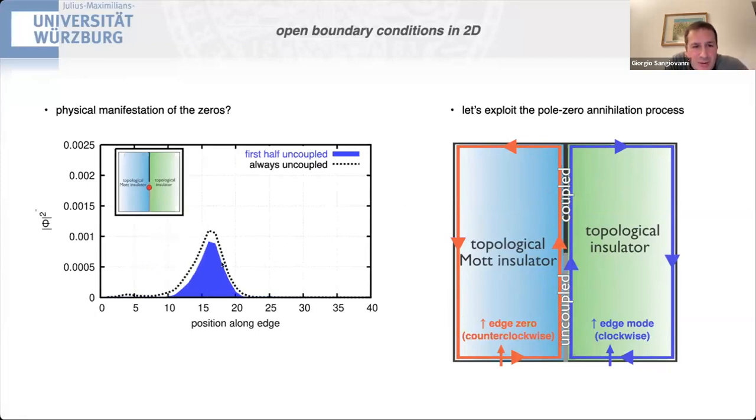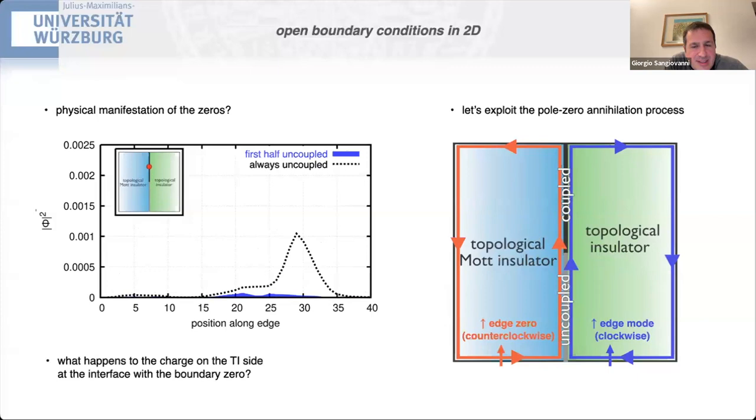And essentially what I see is this blue Gaussian packet that loses weight when it can speak to the zeros of the topological Mott insulators, which is a paradox, of course, because it seems that I lose my original electron when there is the possibility for it to speak to the edge zeros on the other side.